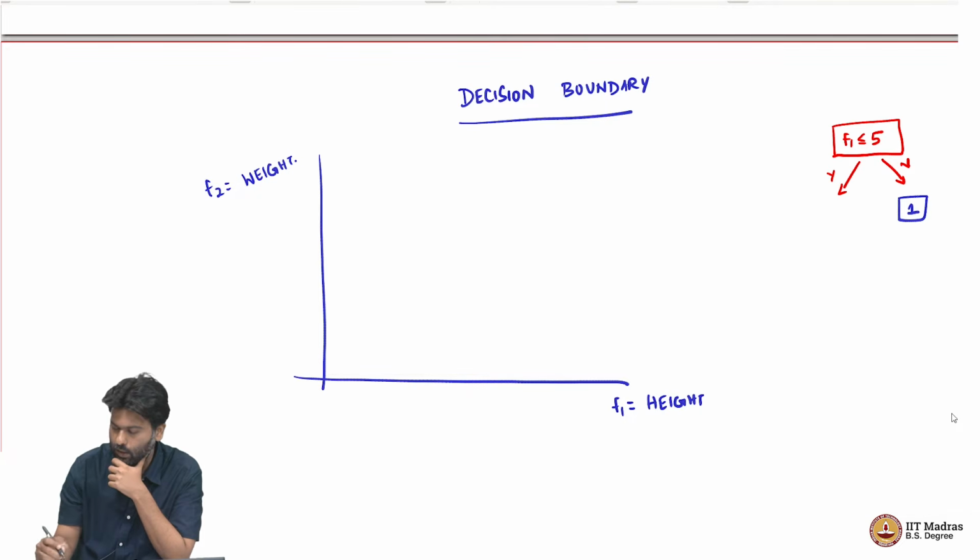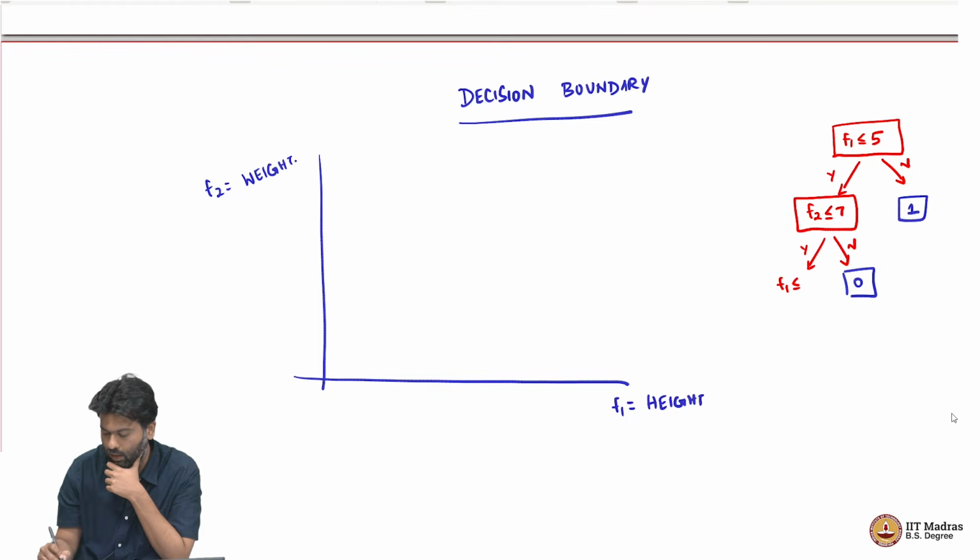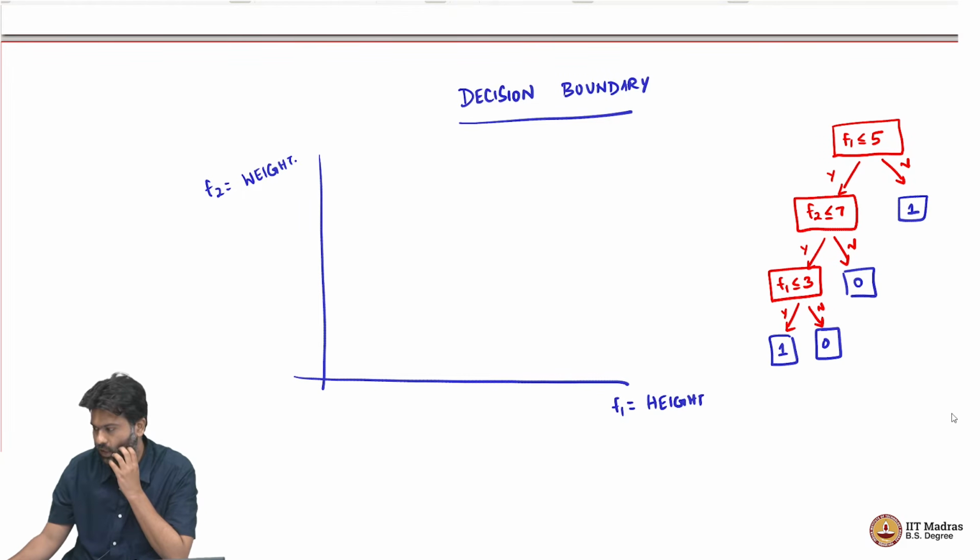If it is yes, then you ask f2 less than or equal to some 7. If it is yes, no. If it is no, then you say 0. Maybe this is the tree that you got, right. So, it's just an example tree. Again, you can ask f1 less than or equal to 3. If it is yes, then you say 1, otherwise you say no, right. So, something like this.